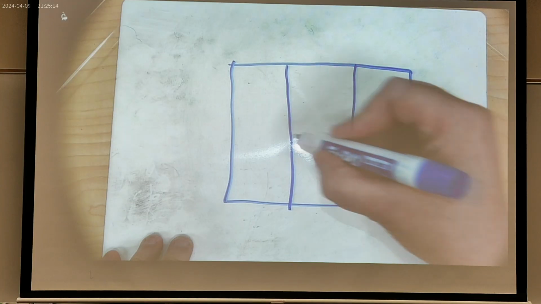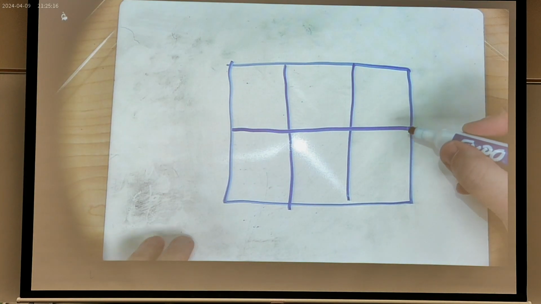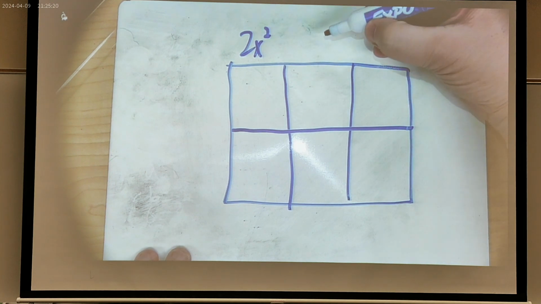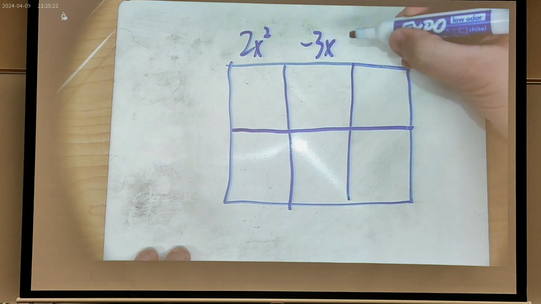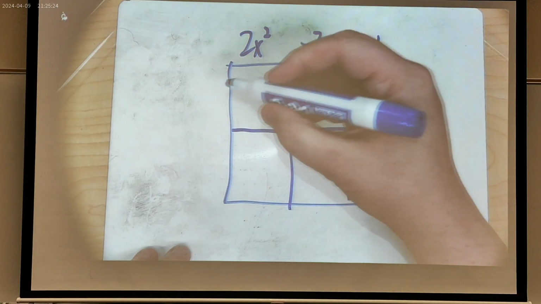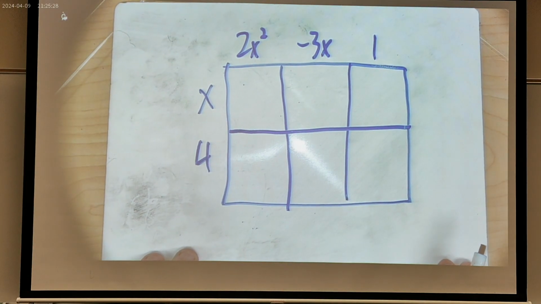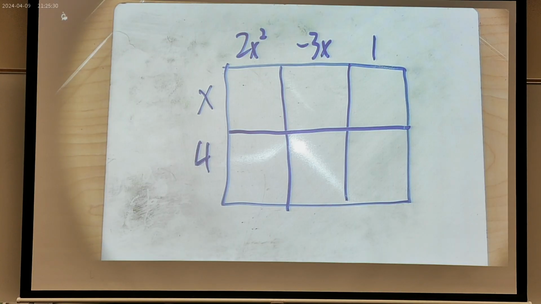Not as exciting as 4 terms, I grant you. 2x squared minus 3x, and then 1, and then x, and then 4. Not as exciting, I'll grant you, but we're still doing all right.